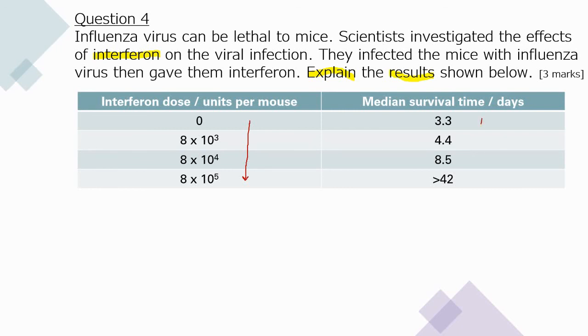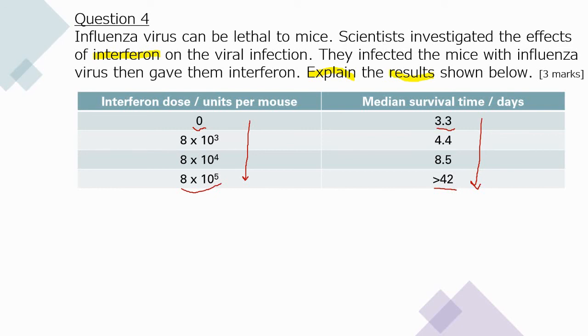The mouse that has a dose of 0 units of interferon only survives for 3.3 days when infected with influenza, but the mouse that is given 8 times 10 to the power of 5 dose of interferon survives for more than 42 days, or the mean time anyway, so the mice, I should say. So we can see that increasing the dose of interferon therefore increases the survival time of mice.